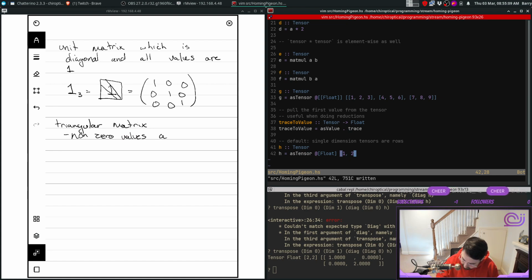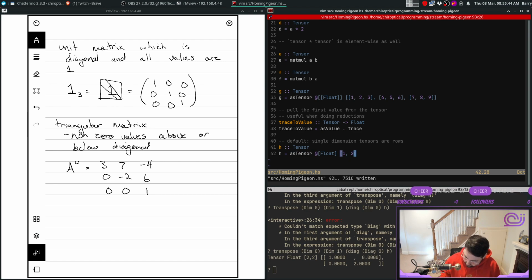For example, this is an A sub U, an upper triangular matrix: 3, 7, minus 4, 0, 6, 0, 0, 1.